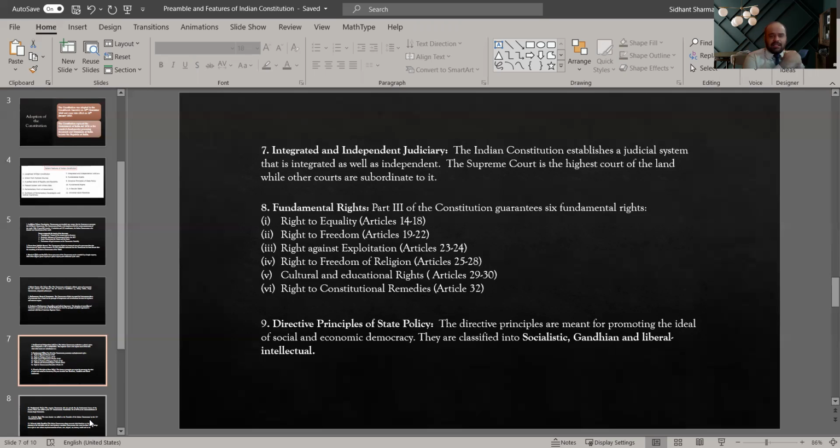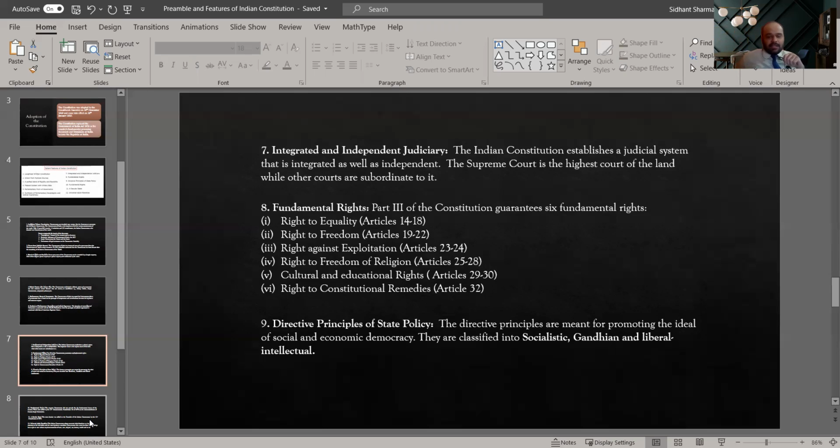These rights have to be studied in detail because they are very crucial: the article numbers, the details behind them, and the exceptions to them. They are crucial for every competitive examination, whether SSC, UPSC, or any bank or clerk exam. There are 3 to 4 questions every year from this part.